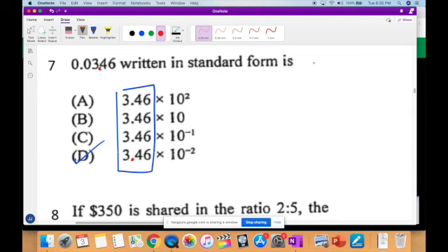You have to carry this decimal place 1, 2 spaces in that direction. So that means that, because it's that direction, it'll be a negative index, negative 2. So if 3.46 is being multiplied by 10 to the negative 2, this will go 2 spaces, 1, 2. So you will actually get back your answer, 0.0346.